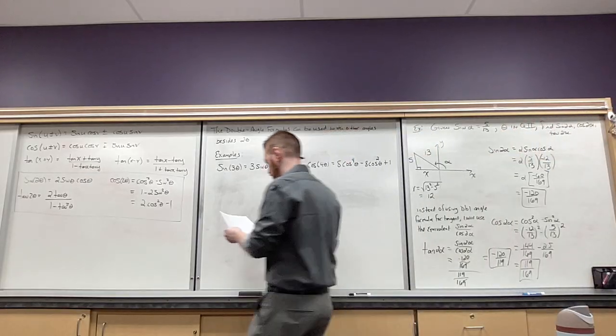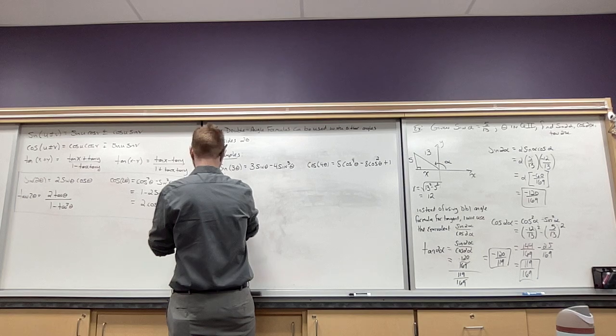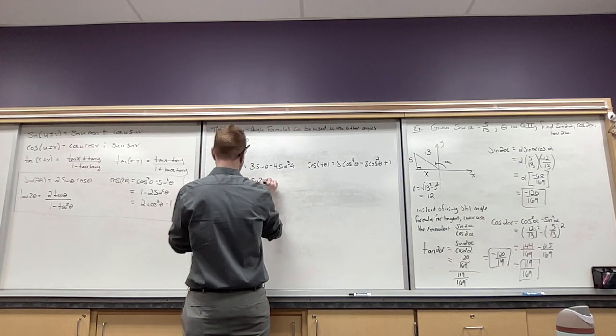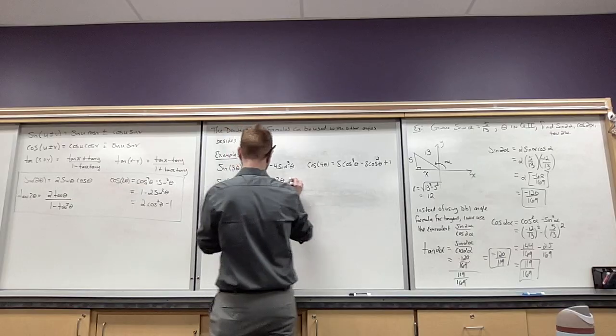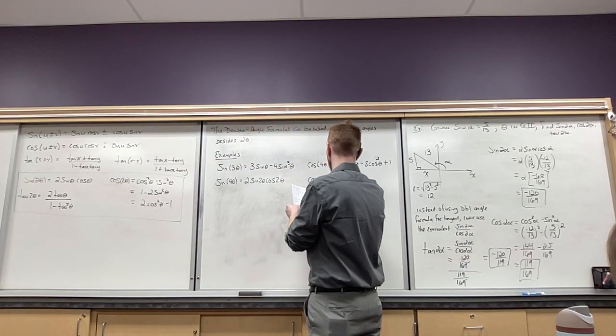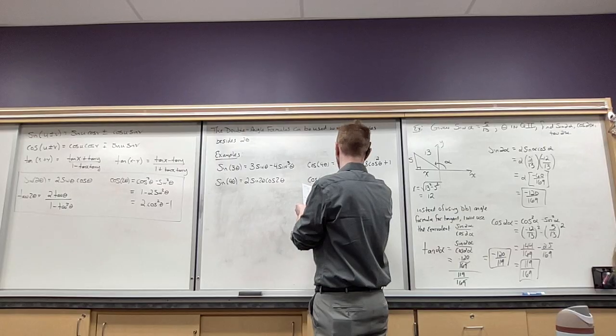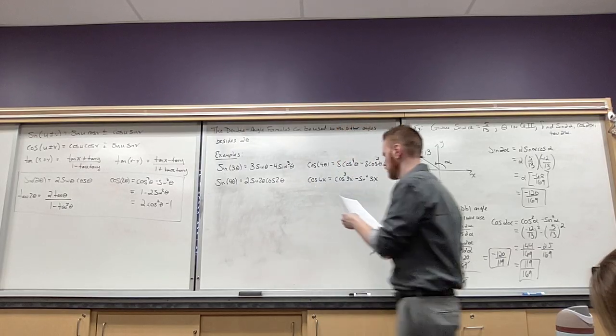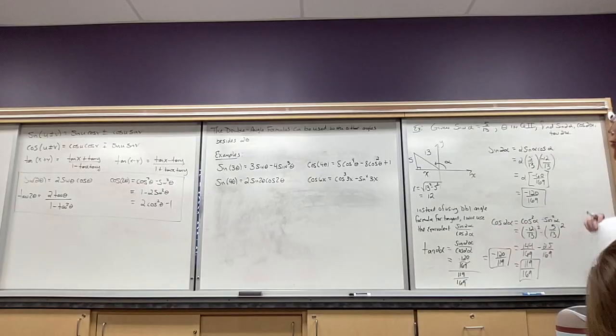Some other ones, you can see sine of 4 theta will end up looking like this. And again, I'm not requiring you to memorize it. I'm just trying to show you some other examples. And we'll do one more. Okay. So there's some other ones there that, again, I could derive using those double angle identities.